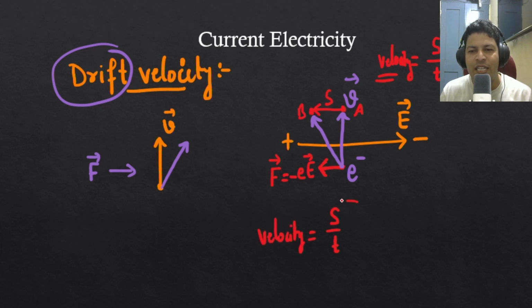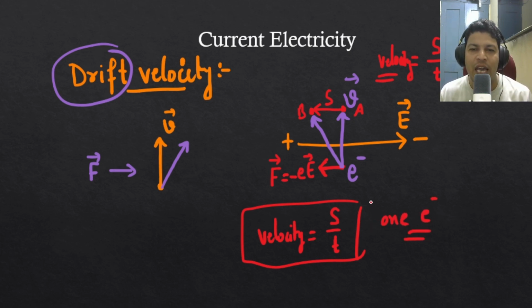Now this is for one electron. You know how many electrons there are in a conductor: they are 10 raised to power 29 electrons per meter cube. So this is huge in number.